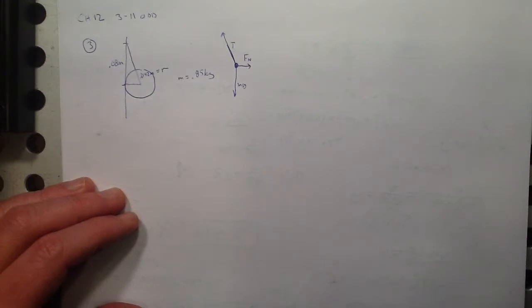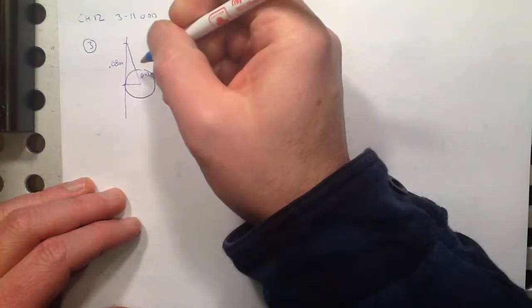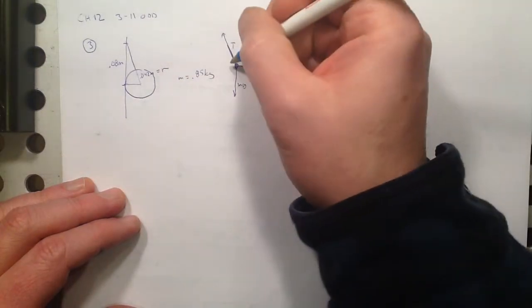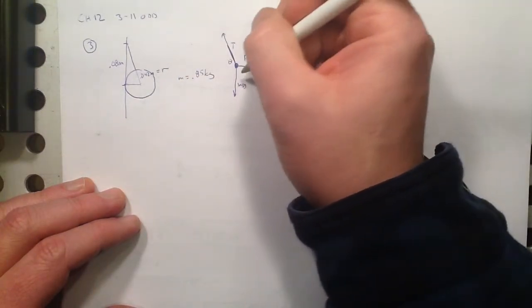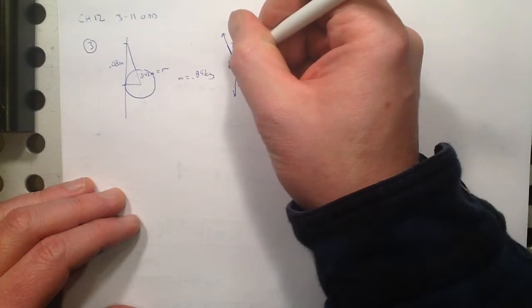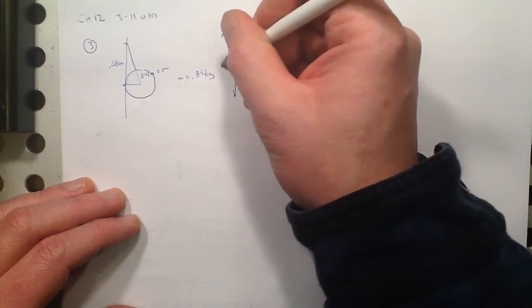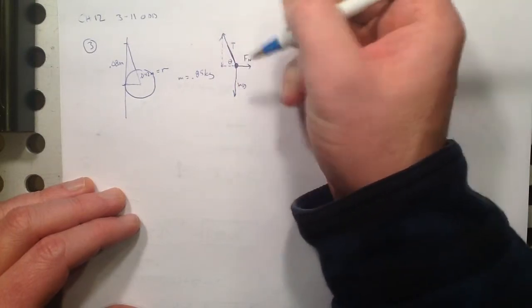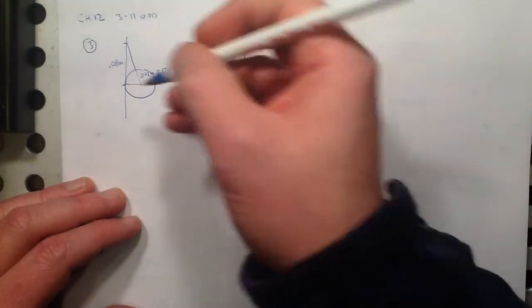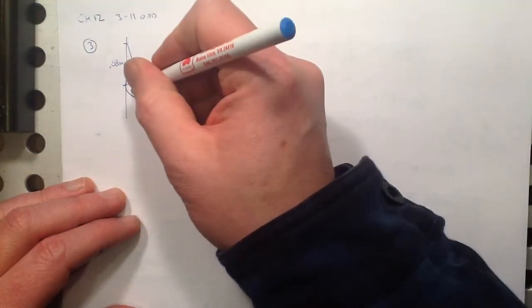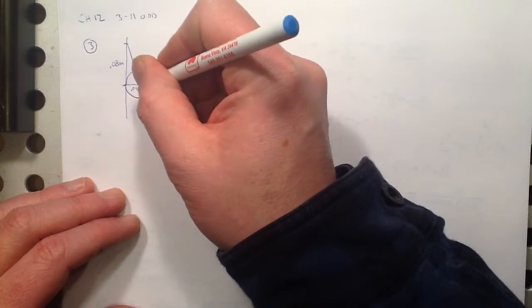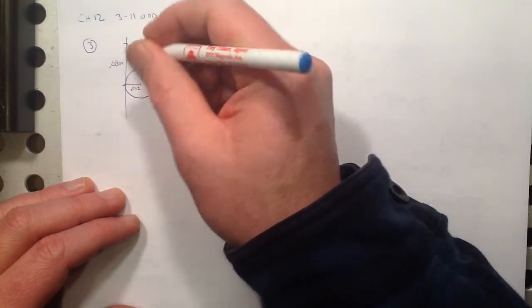So that means that if I wanted to find this angle here, theta, so that I could break up the tension force into its components, then I can find that angle theta because I know this is 0.042, and this is 0.08.